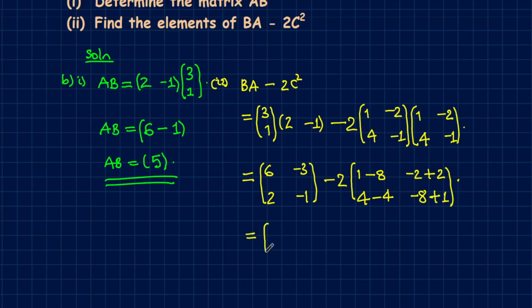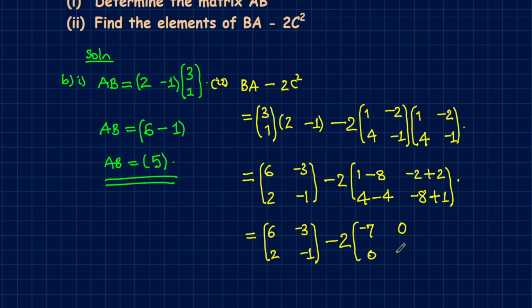Let's first simplify these elements inside here, and we also recopy the elements in our first matrix combination of BA. From here, we still maintain our 2, and the first element simplifies to negative 7. The second number here goes to 0, and this element also is 0.